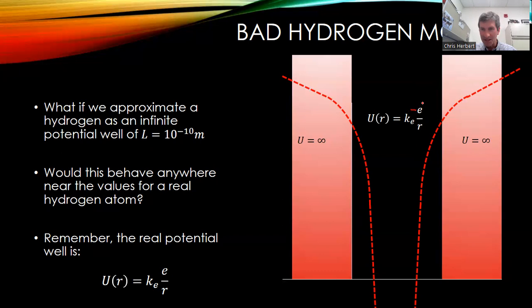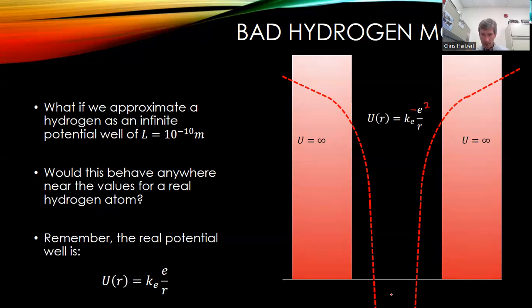I make up these slides and then I don't always proofread them, but that is what our equation should look like. So in any case, first thing is in the infinite square well, the bottom of this well is 0.